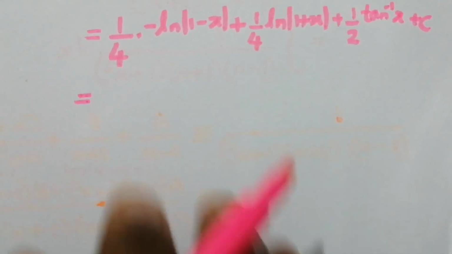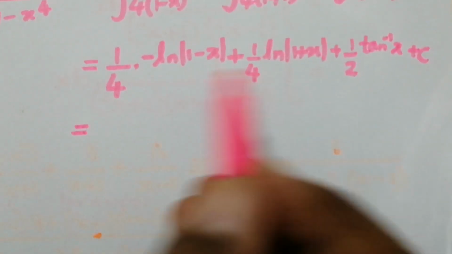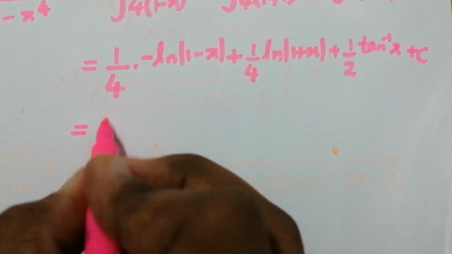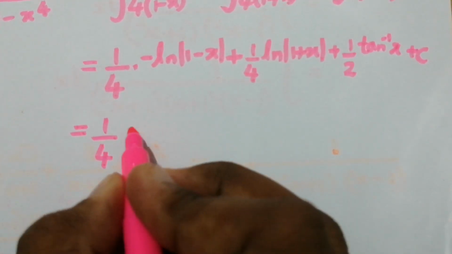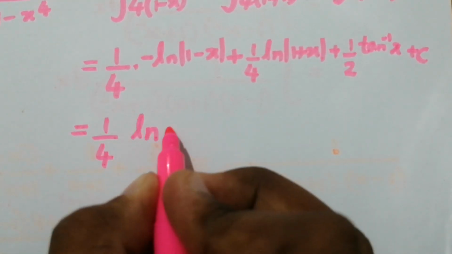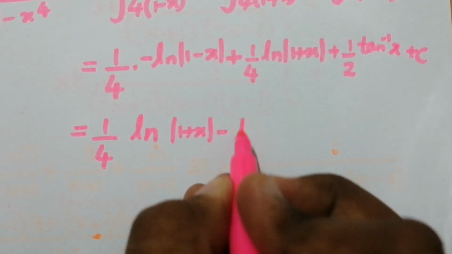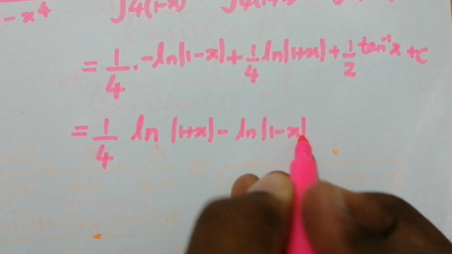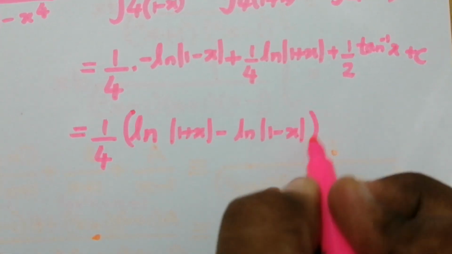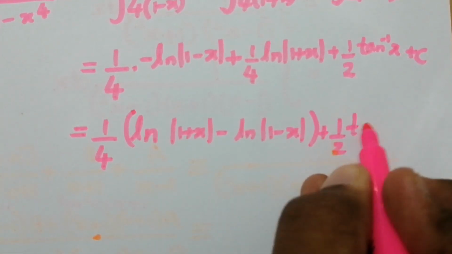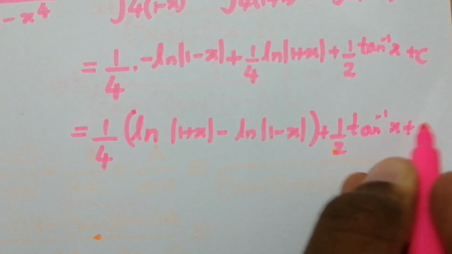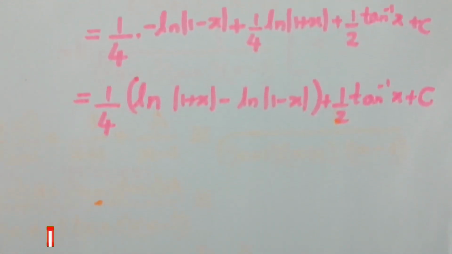Now here I can take 1 upon 4 as common for the first two terms, and if I take 1 upon 4 out, I am having ln of 1 plus x minus ln of 1 minus x plus half tan inverse x plus c, where c is an arbitrary constant.